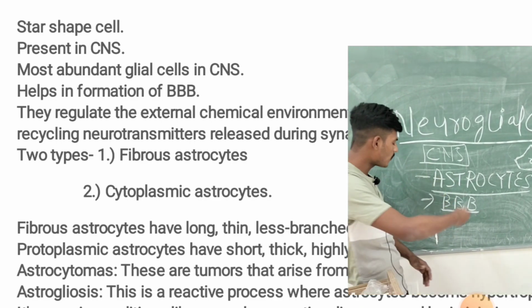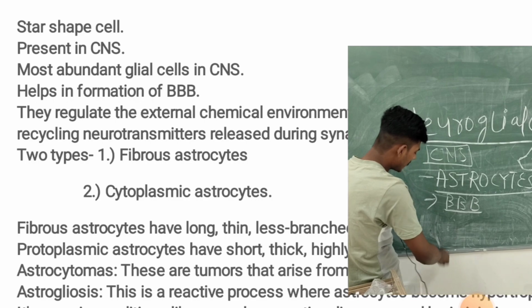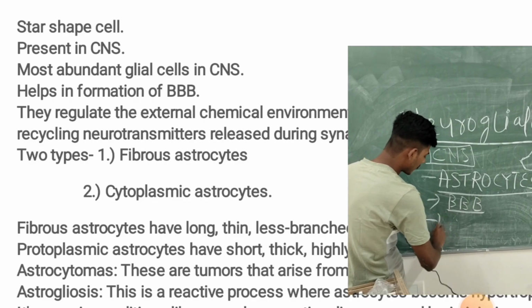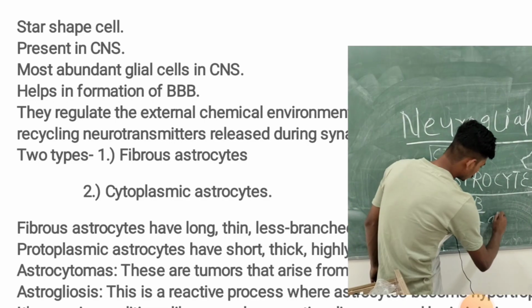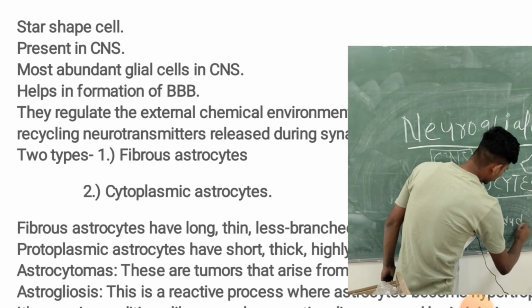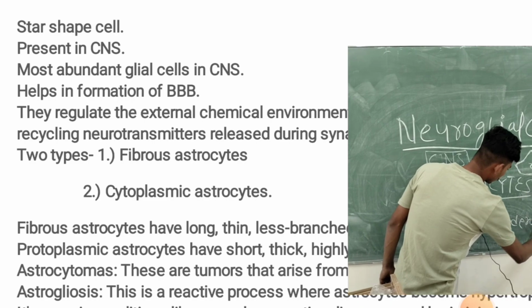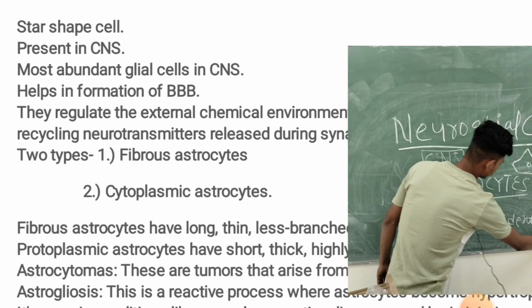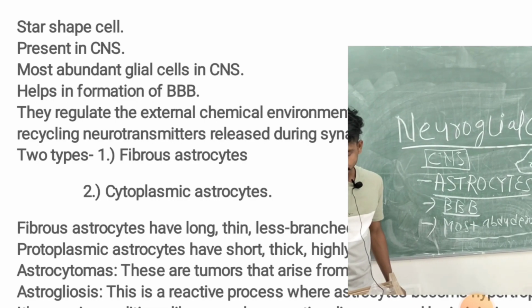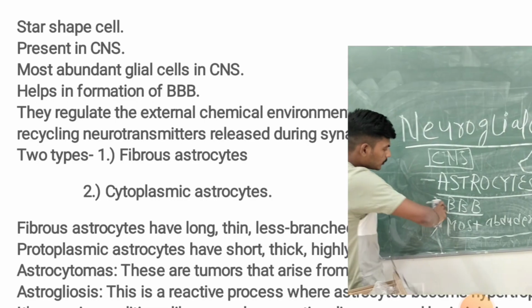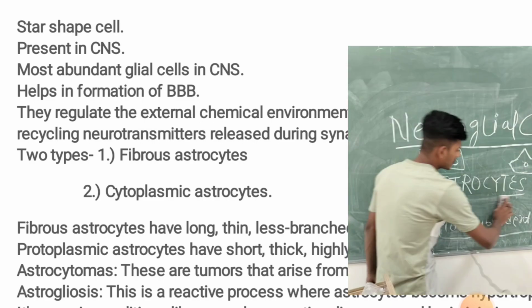Another point related with astrocytes is that they are the most abundant neuroglial cells. Now, coming to their types, there are two types.